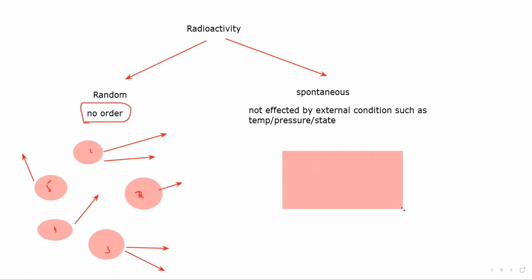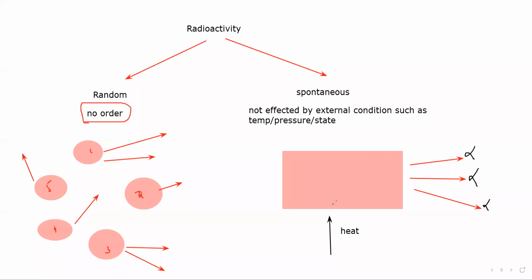I'm not drawing a nucleus or an atom, it has millions of atoms. This material is radioactive and it is emitting radiation. Now I supply heat energy. Will it affect the amount of radioactive radiation?